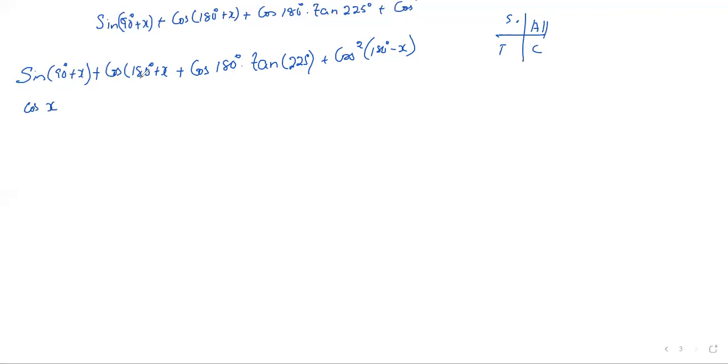Why the cos? The odd multiple of 90, 90 times 1. Then plus the cos of 180. 180 is here, plus x is there, so cos there is negative.